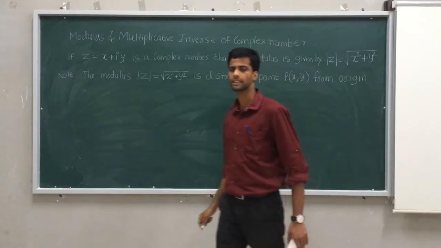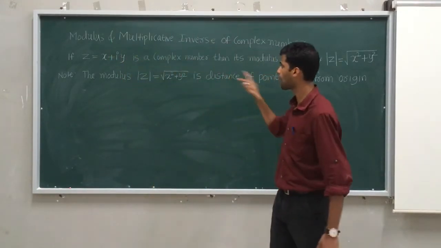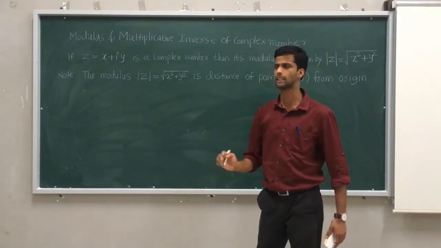What modulus in a complex number gives me is the distance of the point x comma y from the origin. If you calculate modulus, it will give some number. It may be 5, 6, 0.5, 2 by 3, some answer.